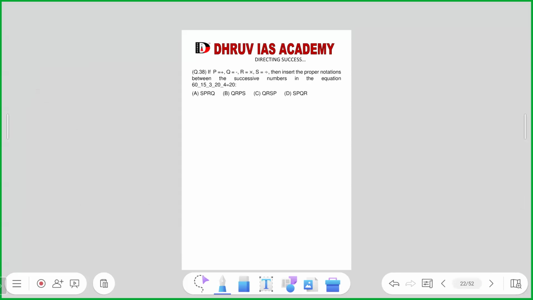So next question is question number 38. See here again the letters have been coded. The 4 mathematical operations plus, minus, multiplication and division are coded as P, Q, R, S. So P is equal to plus, Q is equal to minus, R is equal to multiplication, S is equal to division.